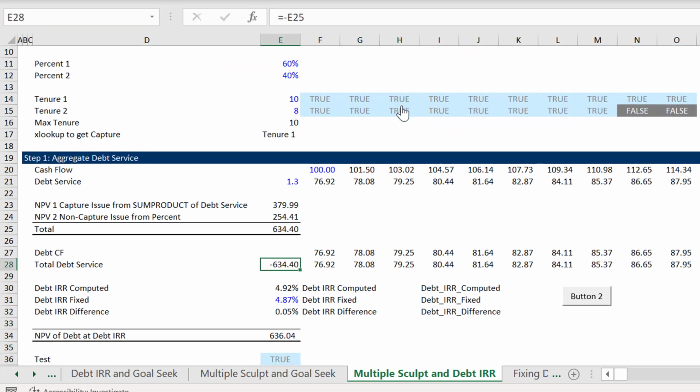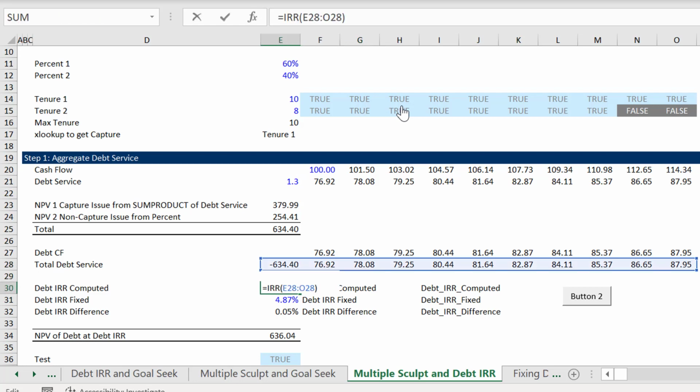Now, what I do here is I say, okay, first, let's get how much debt we have from this capture issue, and from the non-capture issue, we multiply the debt by the percentage again, and then we can get the total, okay? That's what we do first. And then we take that total and put it against all the debt service, and we compute a debt IRR.